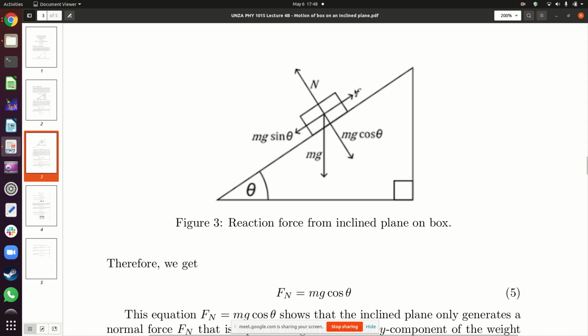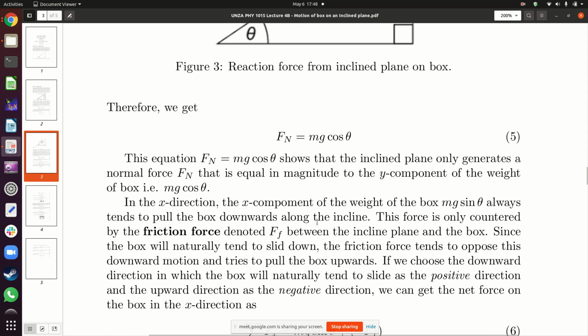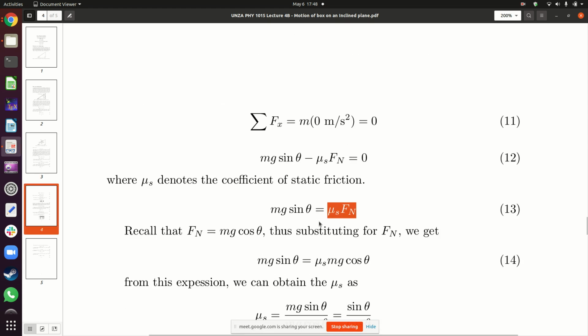And since the box is not moving, the friction we are talking about is the static friction force. So if the box remains motionless, it is because mg sin theta is equal to the friction force, and that is what equation 13 is telling us: if the box decides not to move, then the component of the weight pulling the box down is equal to the static friction force.